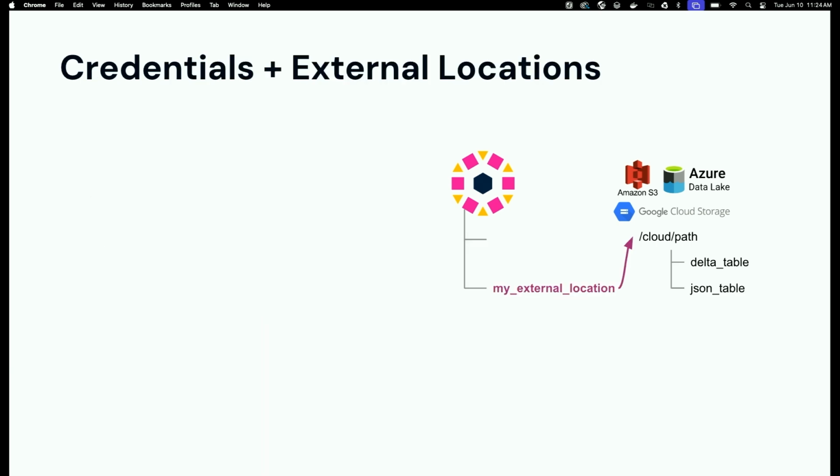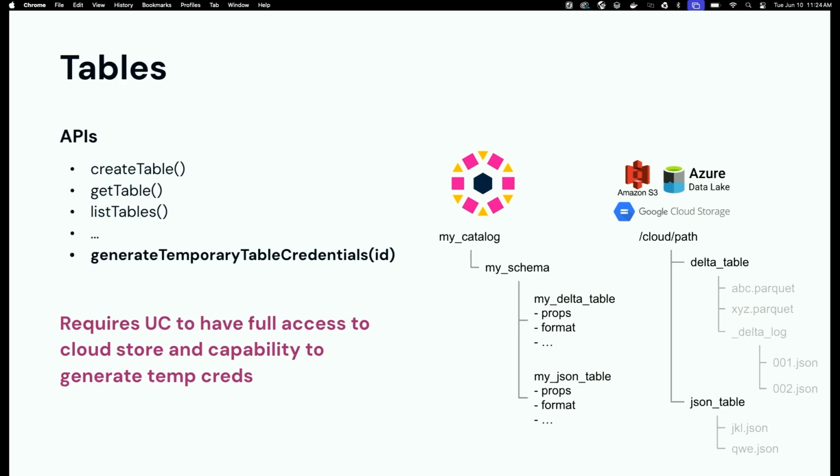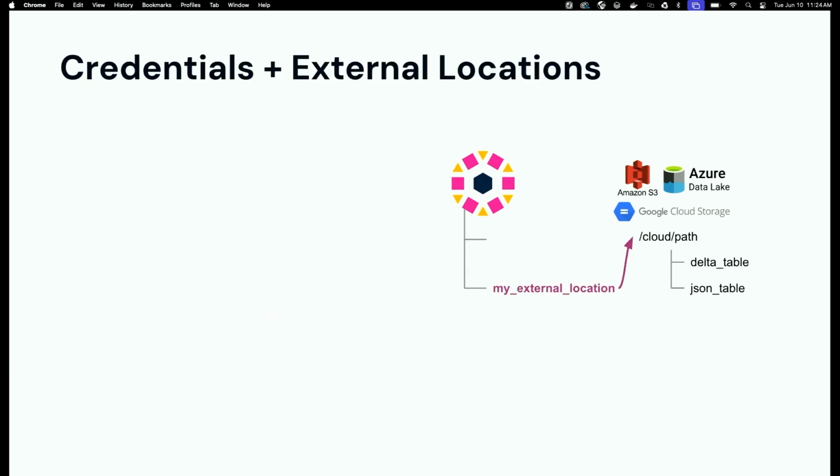these are the two additional entities that you can populate in UC. For example, let's say you are an administrator, and you want to configure that all the tables in this particular catalog, let's say my catalog, my schema, are going to be located in this particular S3 bucket.